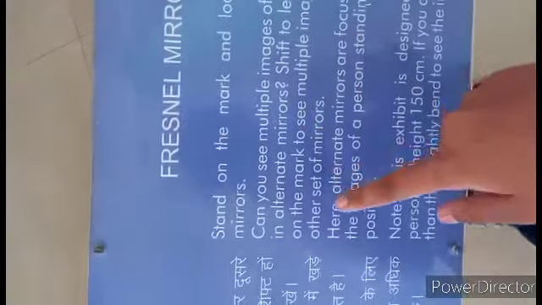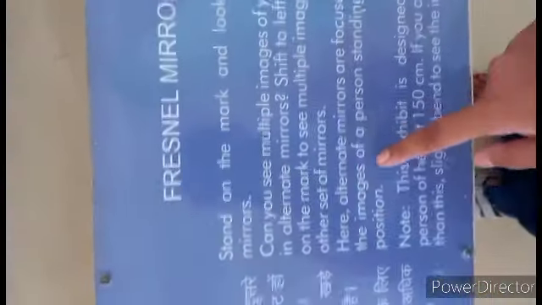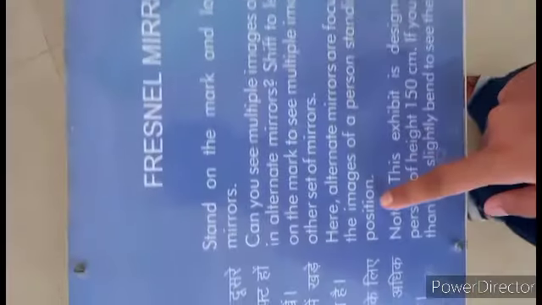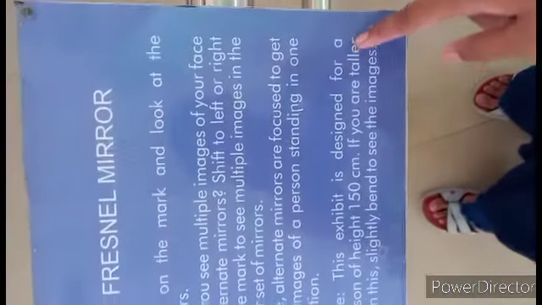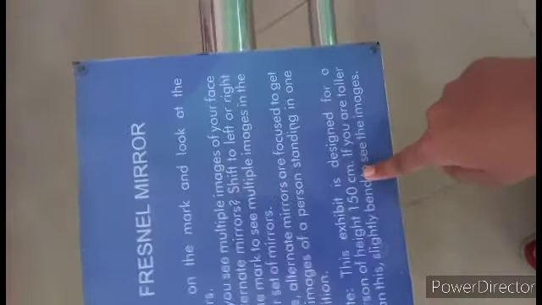So shift to left or right. Now multiple images. The alternate mirrors are forced to get the mirror image of a person standing in one position. That's why it's only showing my head. A person height of 150 centimeters, which I'm not.